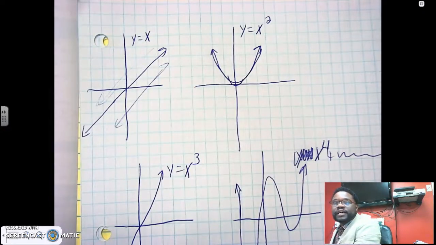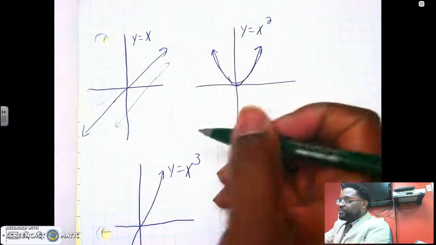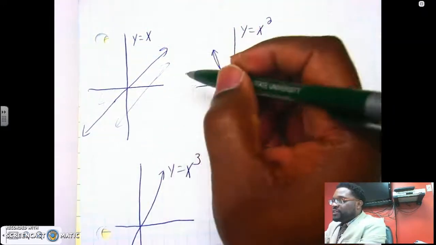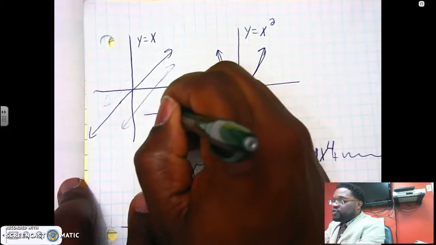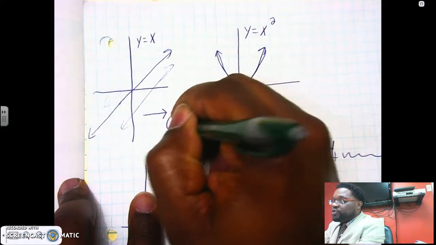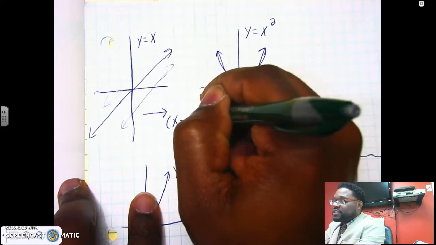Alright? Now, it's basically like this. If you want to move a graph to the left or to the right, you have to put your variable in parentheses and add or subtract, which is strange. If you want to move to the right, you would think you would do plus, but to the right is minus a number.